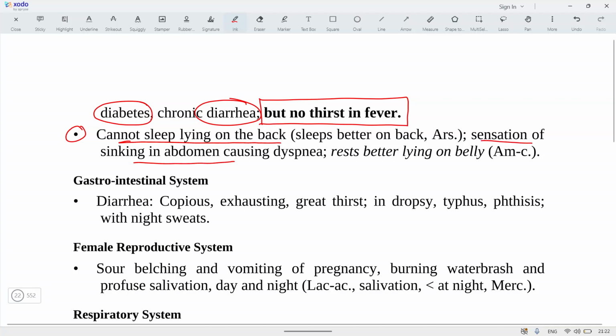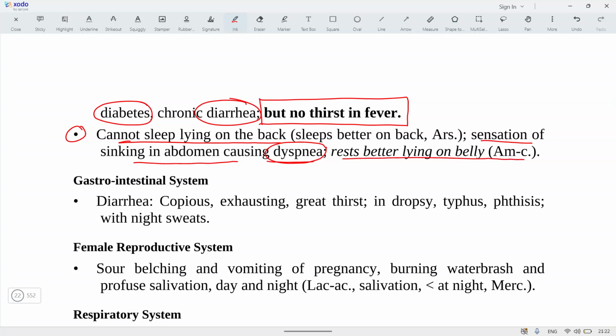Sensation of sinking in abdomen causing dyspnea. Rests better lying on belly. So, if a patient comes with a presenting complaint of dyspnea, the patient says, I feel difficulty in breathing or shortness of breath throughout the day, but when I sleep on my back, it aggravates much. I feel very worse.